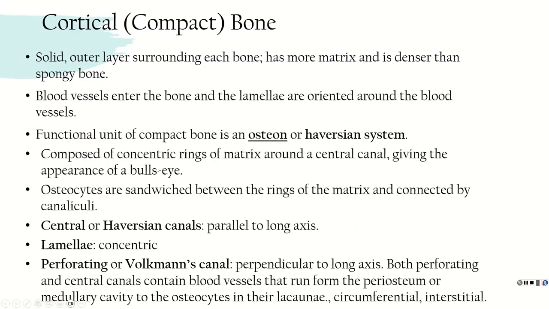Then we have cortical bone. This is the most compact bone type that we have. It's very solid. It does not look like trabecular bone, but it typically has a central cavity towards the medial side of the bone, where you have the yellow bone marrow, because you're not going to have a spongy-like look to it.